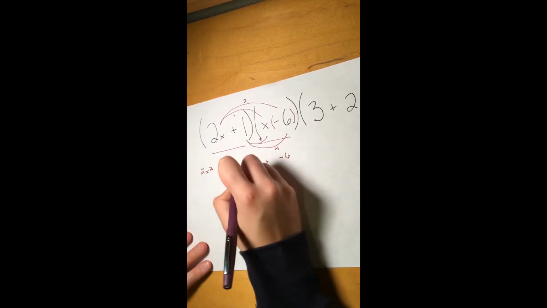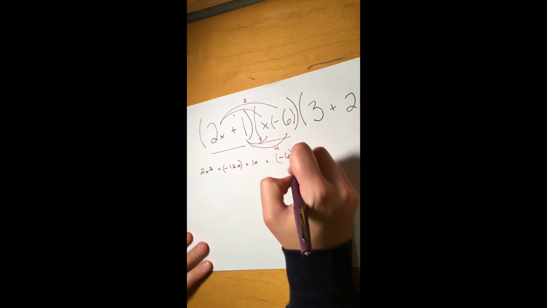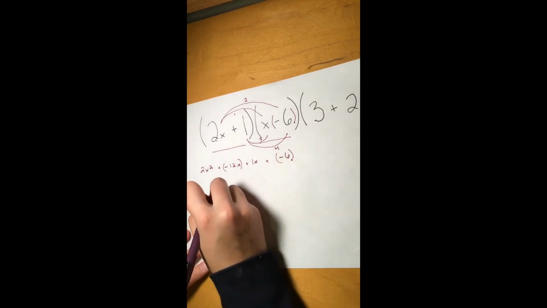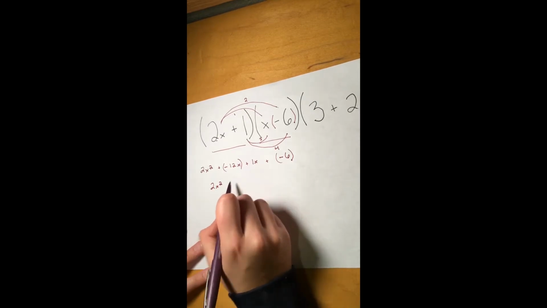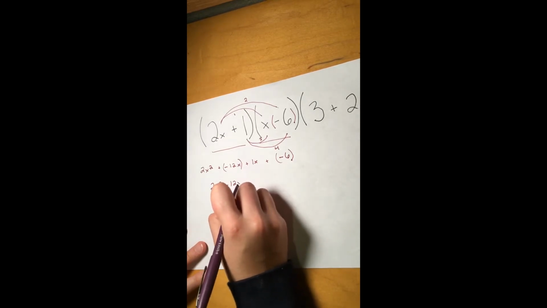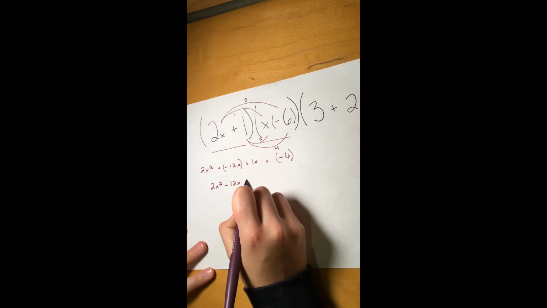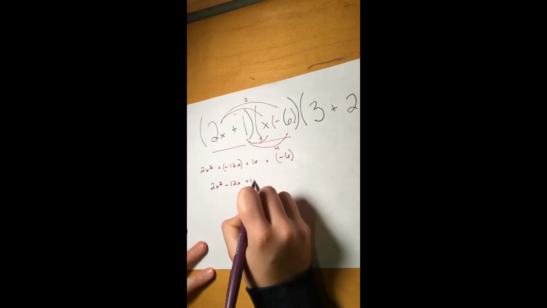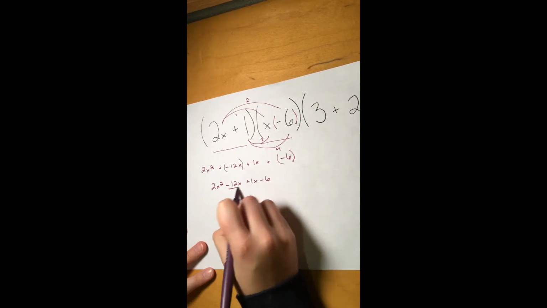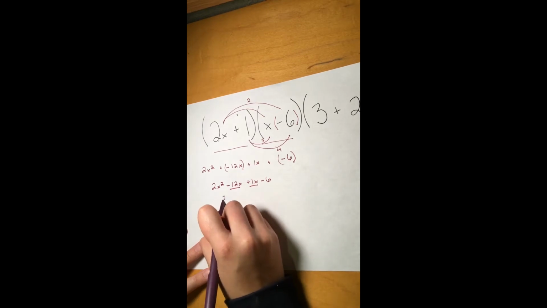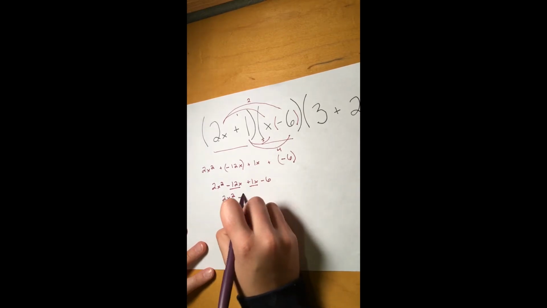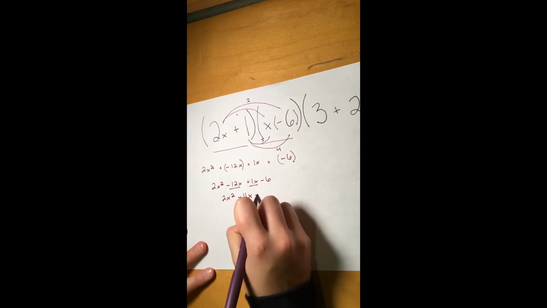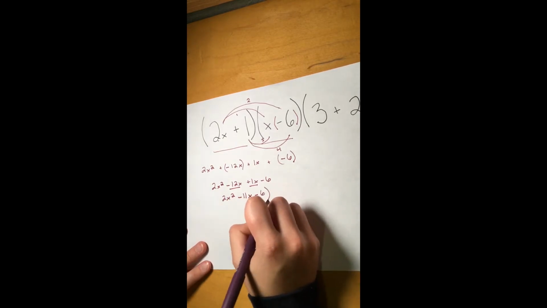Add in our pluses and simplify. 2x squared minus 12x plus 1x minus 6. These two can combine. 2x squared, negative 12 plus 1 is just negative 11x minus 6.